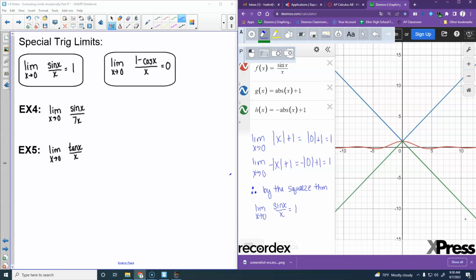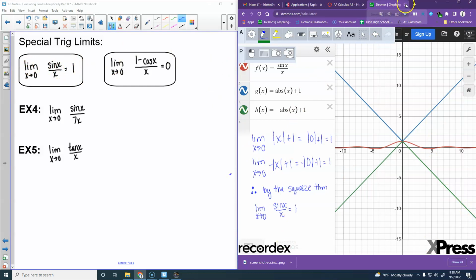All right, so that is why they have put this stuff together in your unit, in your book. But as far as actually working out the problems, we're not going to have to do squeeze theorem to do these problems. So that hopefully ties those together. They seem a little disjointed, but we won't actually have to do that anymore.